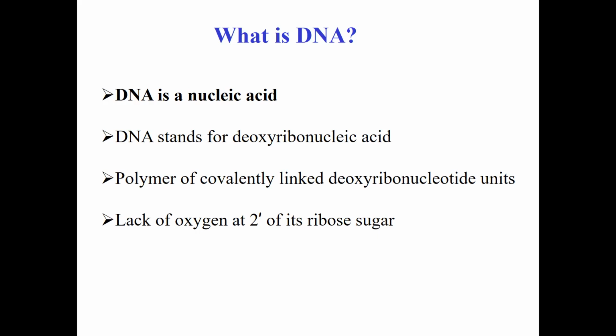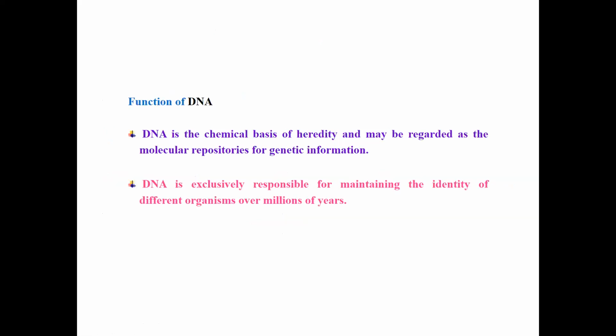So the summary is DNA is a nucleic acid. DNA stands for deoxyribonucleic acid, a polymer of covalently linked deoxyribonucleotide units, lacking oxygen at 2' of its ribose sugar. So what are the major functions? DNA is the chemical basis of heredity because you are Homo sapiens, for example, a human baby is like a human baby due to the transfer of the genetic character from parents to the offspring.